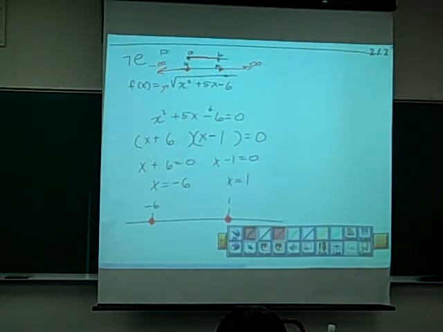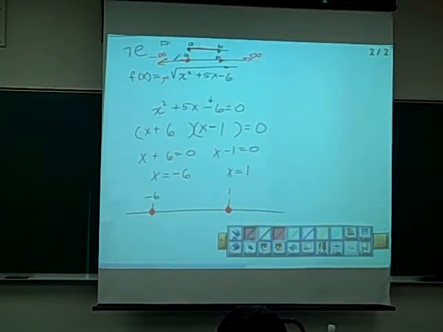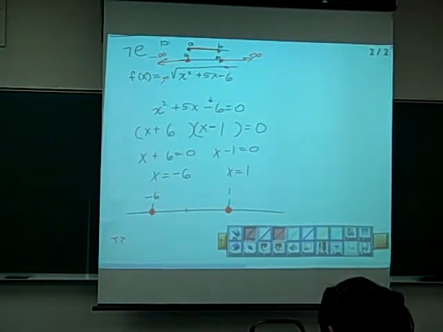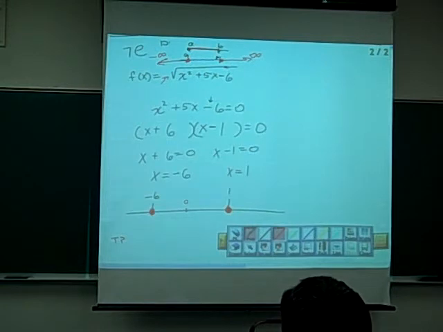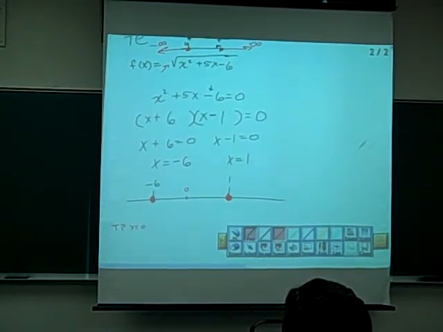Now we need to know, are there points in between, or are the points opposite? So we do a test point, and 0 is always a nice one because it's easy. If 0 works, then all points in between work. If 0 doesn't work, then none of the points between negative 6 and 1 work, and the points outside of negative 6 and 1 are going to be solutions.